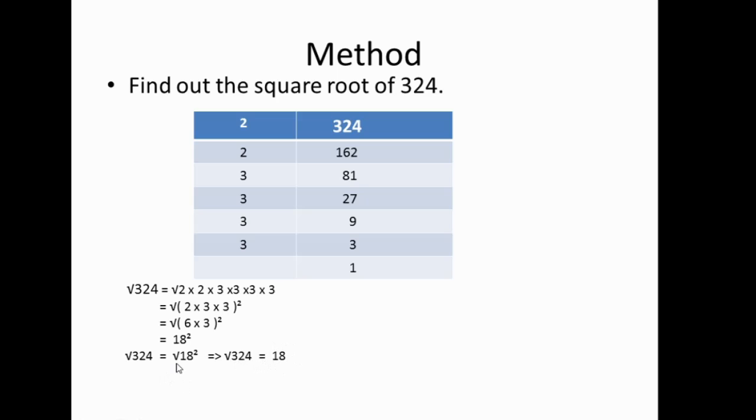As I told you in the very first slide, the value of this symbol always stands for 1 over 2. So that 1 over 2 and this 2 cancel out, and only 18 remains. So the square root of 324 is equal to 18. It means when 18 is multiplied by 18, the answer is 324. You can confirm it yourselves.